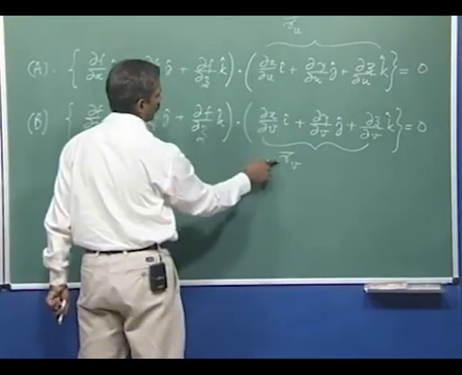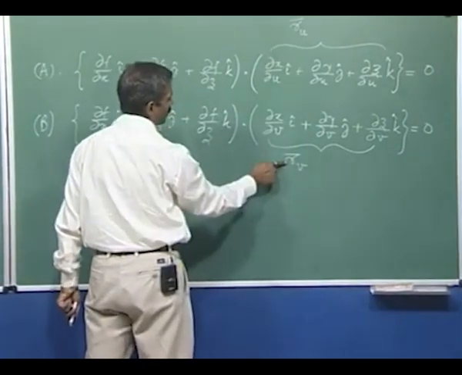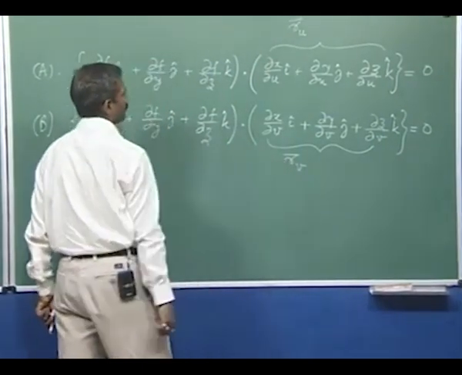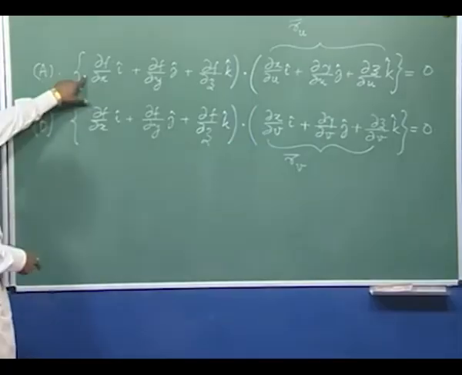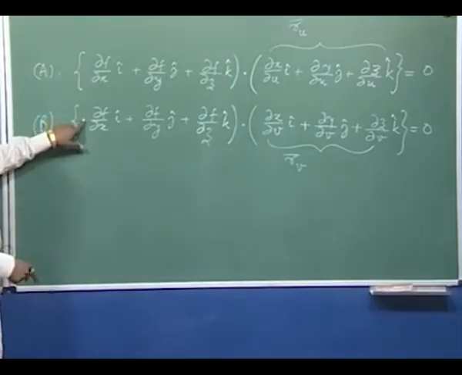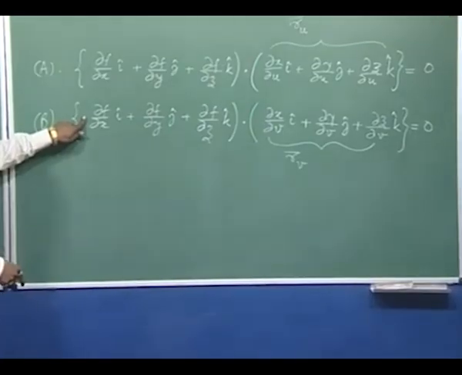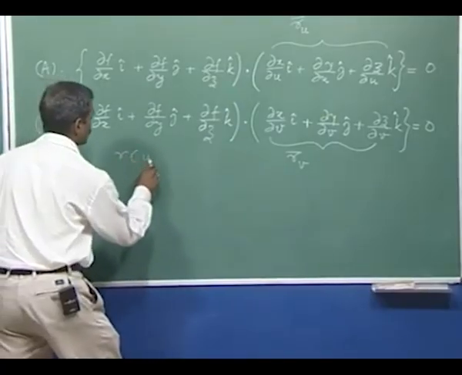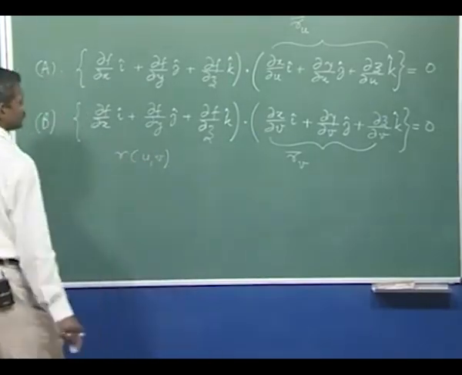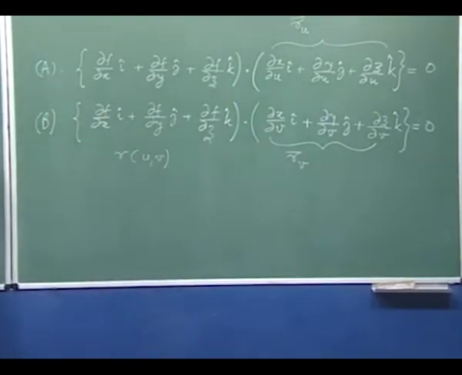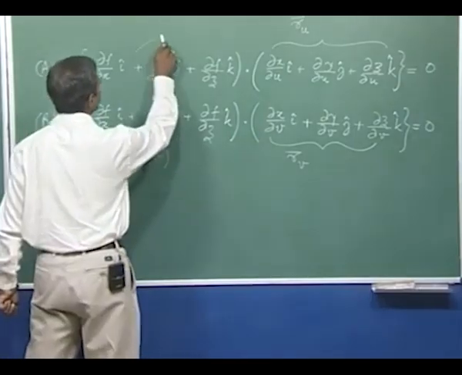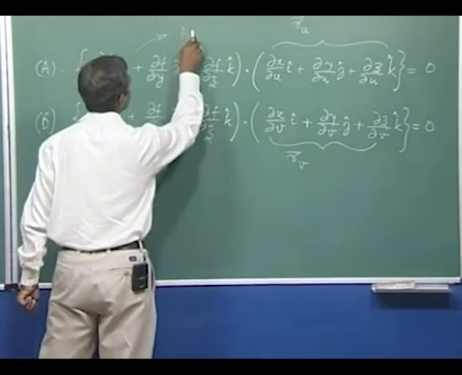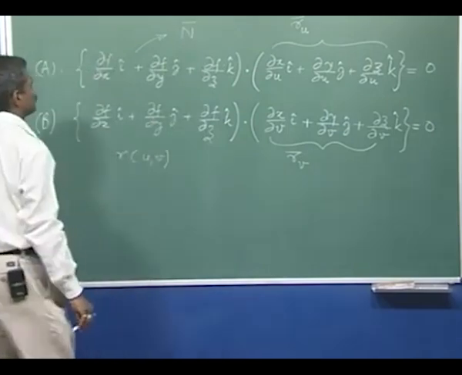Since r_u and r_v constitute the tangent plane, this vector is orthogonal to the tangent plane, and therefore it has to be normal to the surface at point r(u,v). So this vector here aligns with the normal vector.